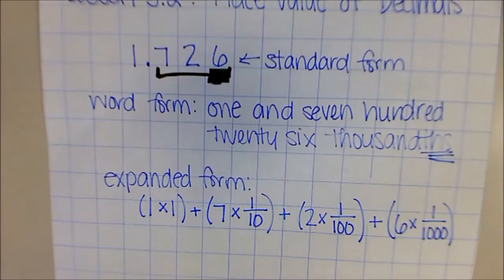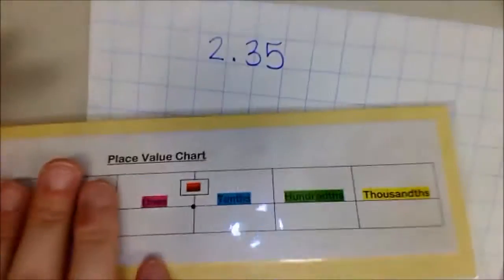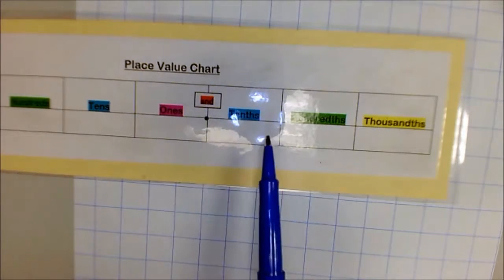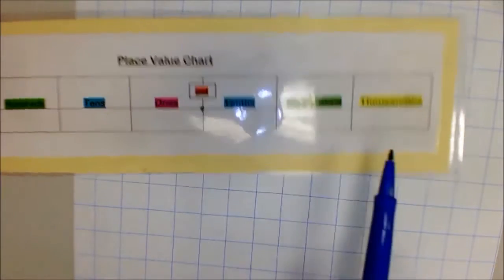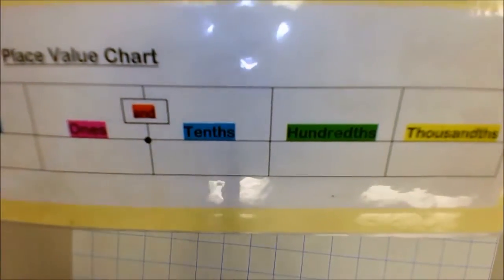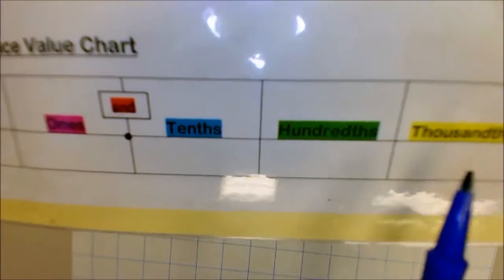Let's do another problem together. This time, let's use the decimal 2 and 35 hundredths. If I were to put that back onto a place value chart, I have my 1s, my decimal point, tenths, hundredths, thousandths.